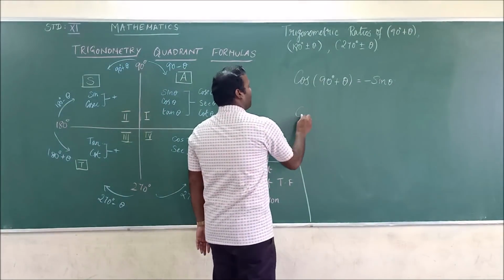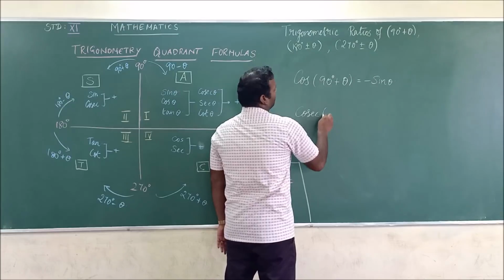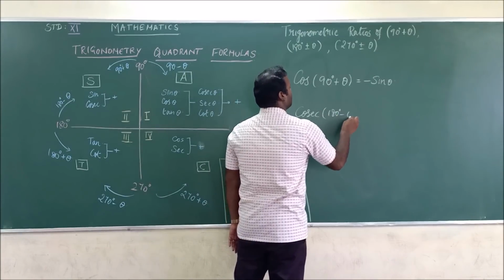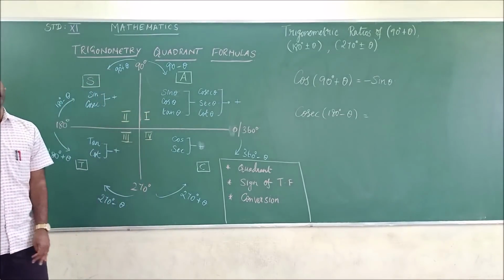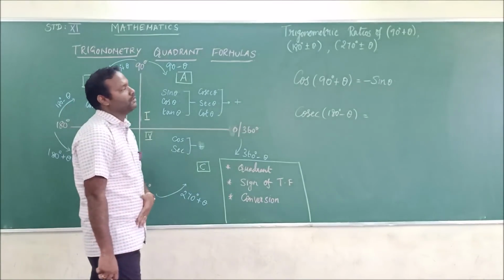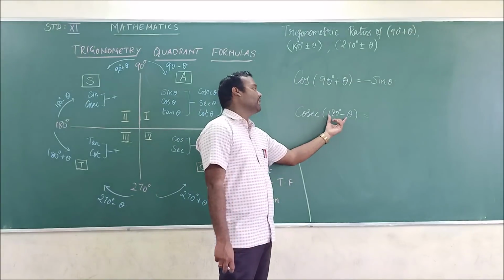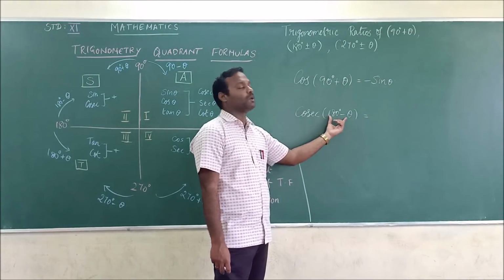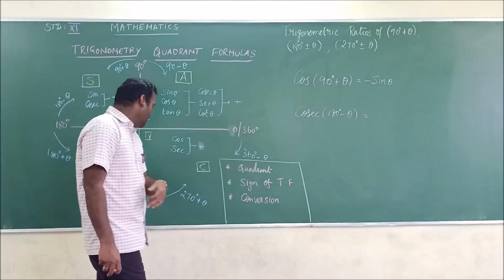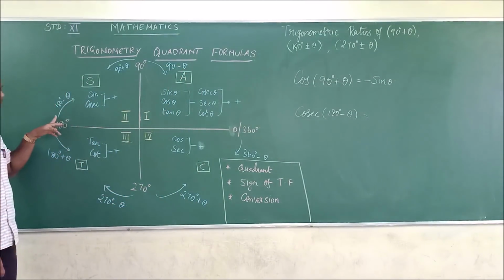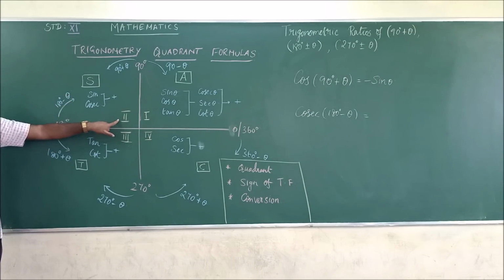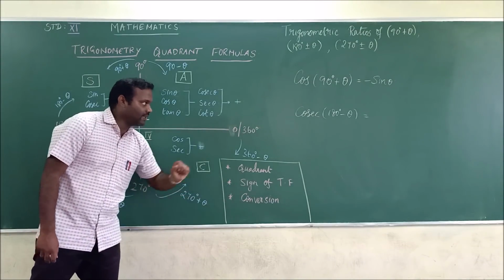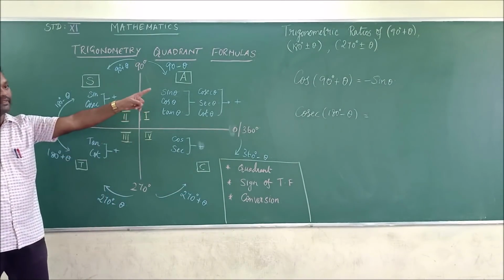Next, I am going to find cosecant 180 degree minus theta. What is the value of cosecant 180 minus theta? First thing, you have to know the quadrant. 180 minus theta lies in the second quadrant. Next you have to check the sign of the trigonometric function. There you are having cosecant.